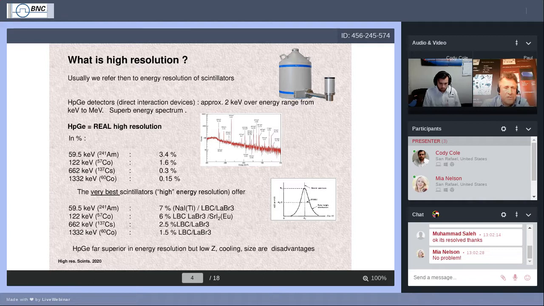There you see numbers between 1.5% and roughly 7% at 60 keV. With resolution, we mean the full width at half maximum of the full absorption photopeak. So it's clear that germanium detectors are far superior in energy resolution, but the Z is not very high, the density is low, you need to cool them, and they are quite bulky. So scintillators offer an interesting alternative.